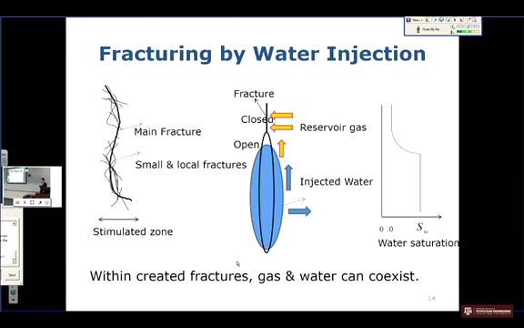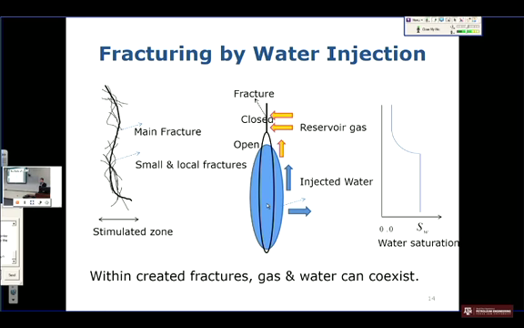Here we assume two types of fractures. In the stimulated zone, we assume that there is a main fracture, and around the main fracture there are some small and local fractures. When fracturing occurs, shale gas and reservoir gases come in, whereas the water comes in the stimulated zone, as well as water goes up due to the water injection.